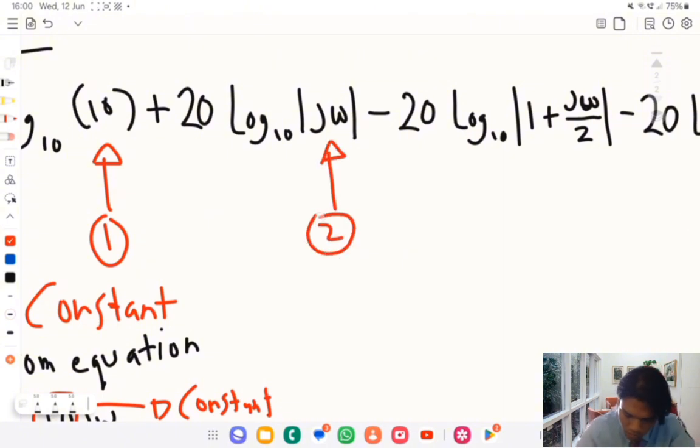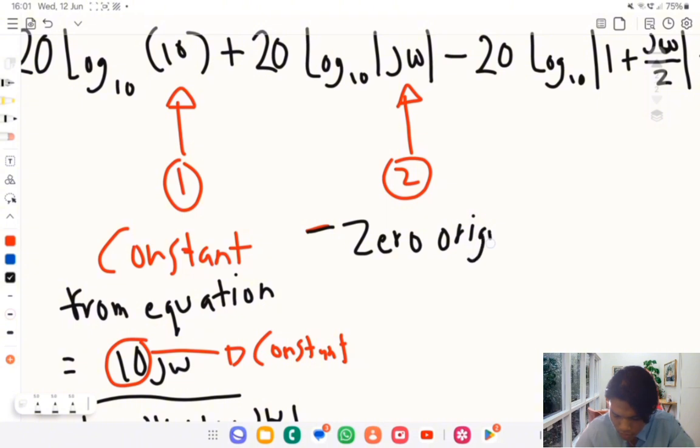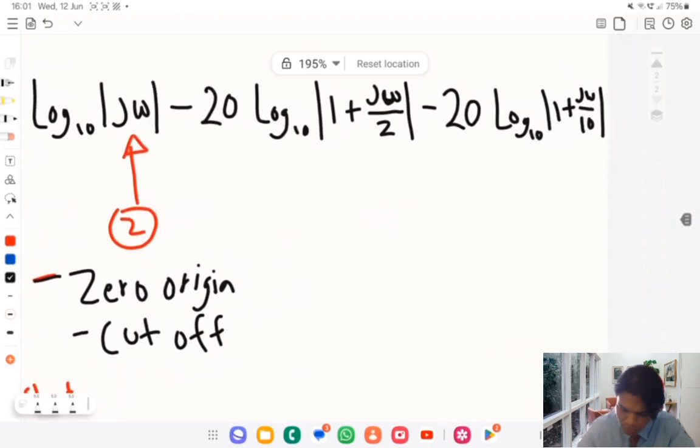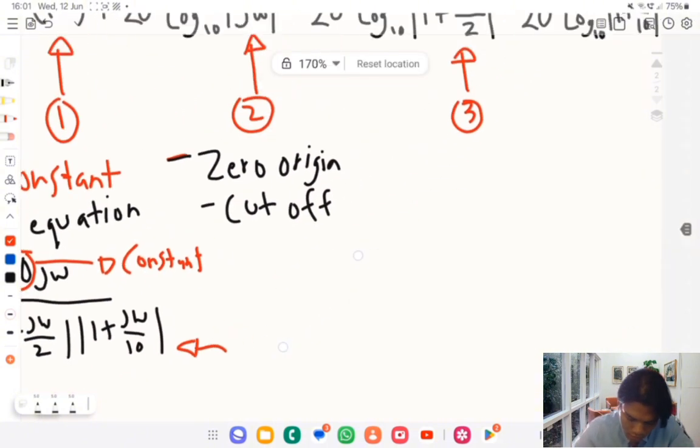We assume as number 2 will be the zero origin cut off. And then for the third one, we know that this is a simple pole from this equation.